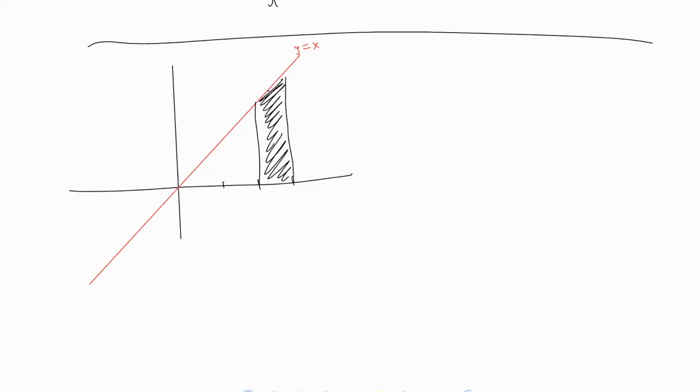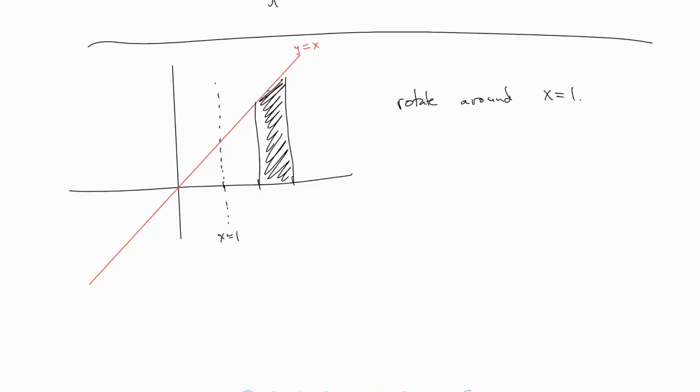But this is the weird thing, I'm going to rotate that around this axis. So I want to rotate around the line x equals 1. Usually we do the line x equals 0. That's the y-axis. But this is the line x equals 1 instead. All right?